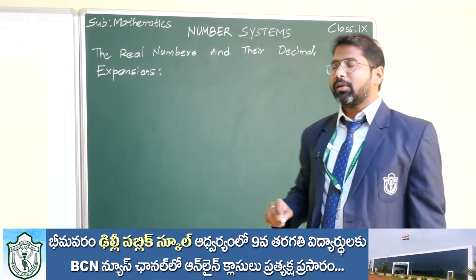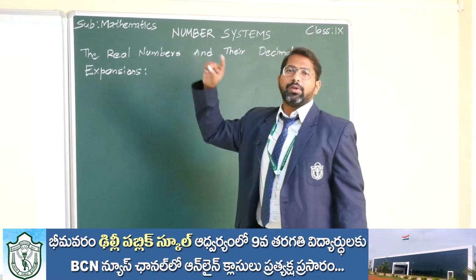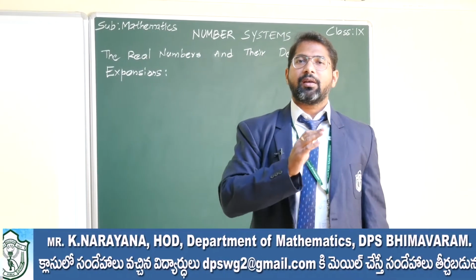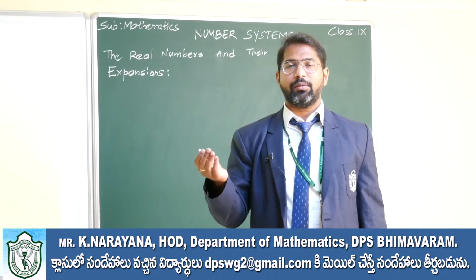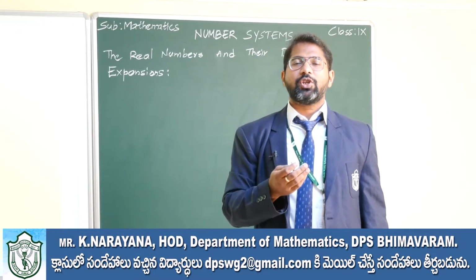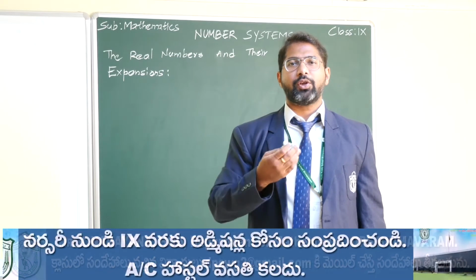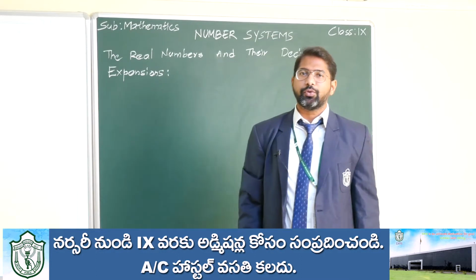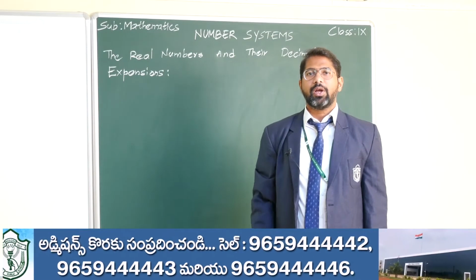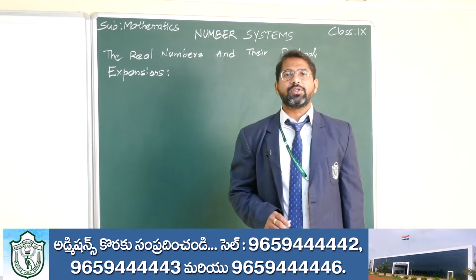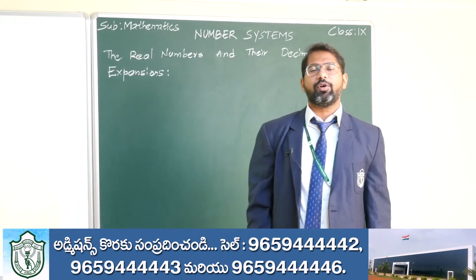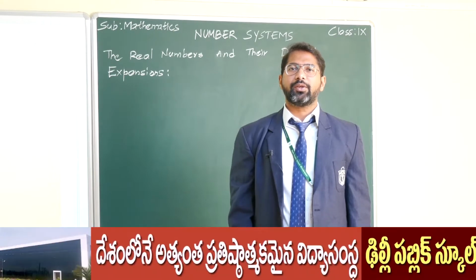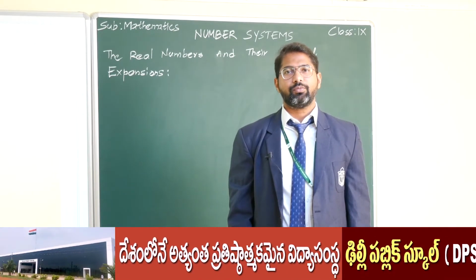Already we have seen the real numbers are divided into rational and irrational numbers. Rational numbers can be written in p by q form, where p and q are integers and q is not equal to 0, whereas irrational numbers cannot be written in the form of p by q, where p and q are integers and q is not equal to 0.